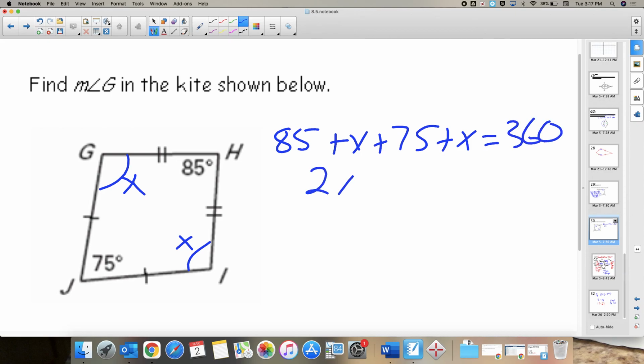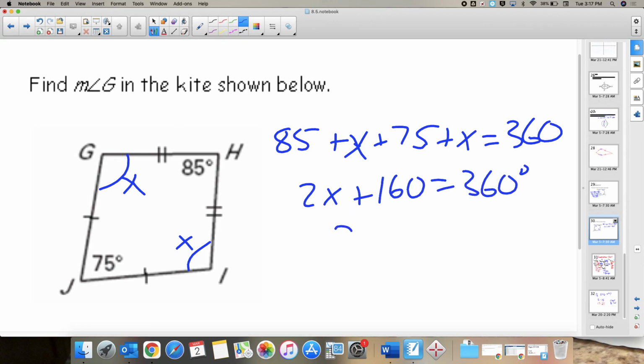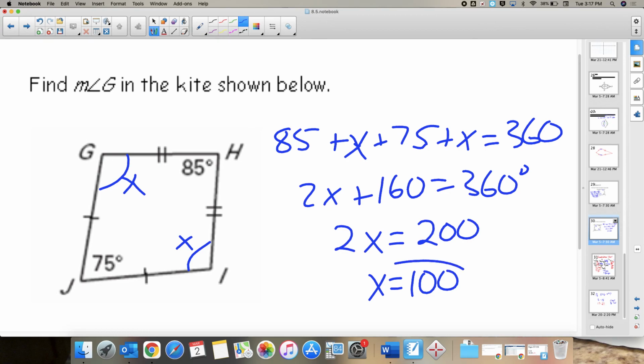Combining your terms, we have 2X plus 160 equals 360 degrees. Subtract it over, we have 2X equals 200. And divide, we get X to equal 100.